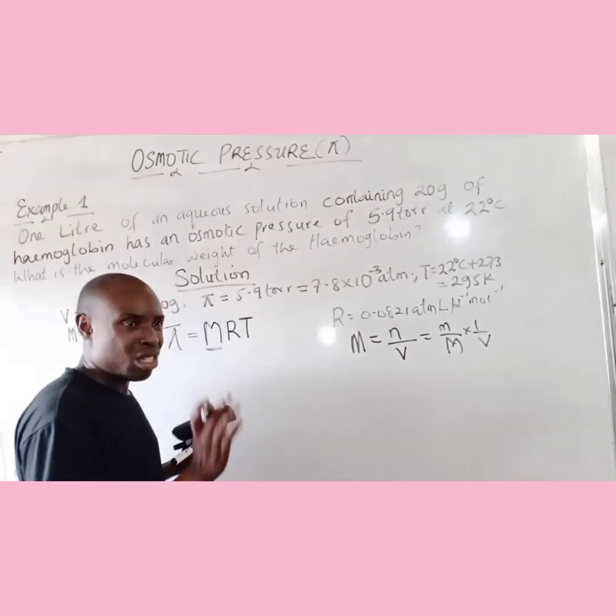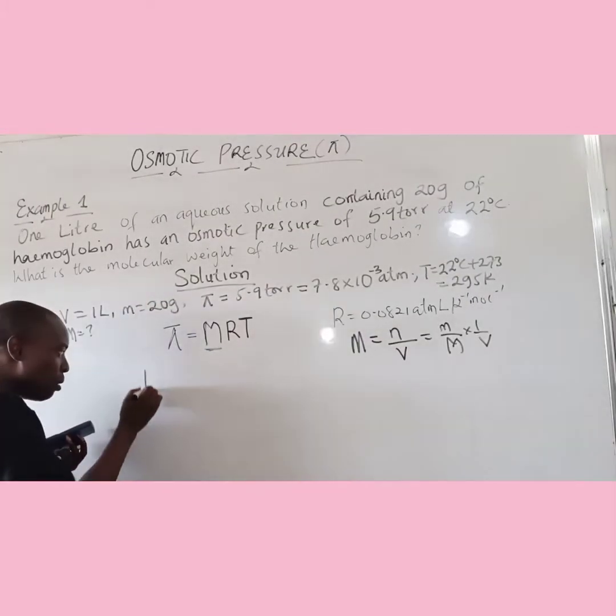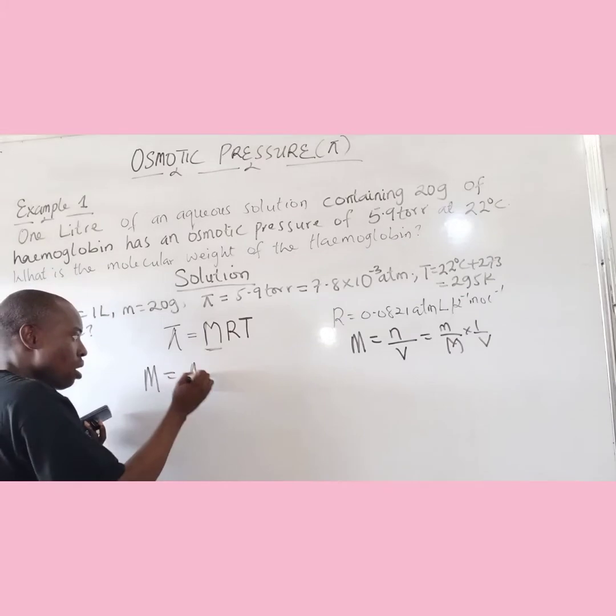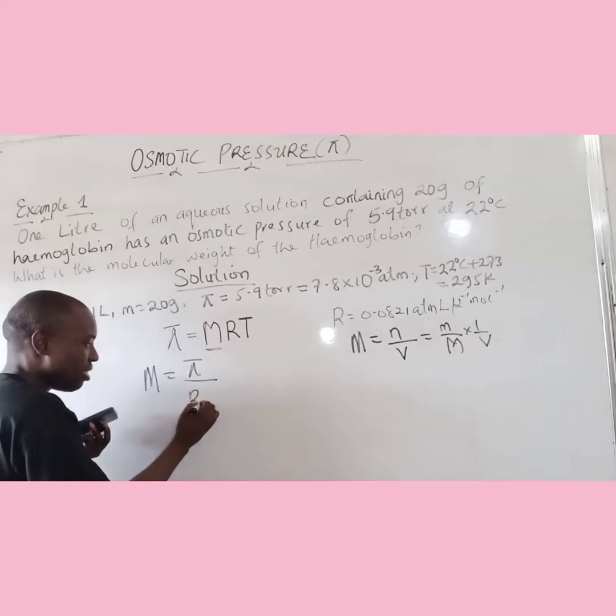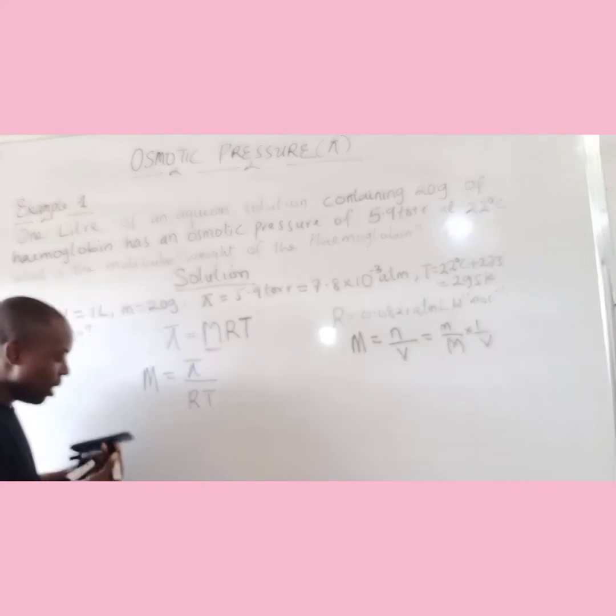So with this, it's solved already. So we get the molarity, which is equal to pi, the osmotic pressure, over the gas constant times temperature. You see how easy it is right now.